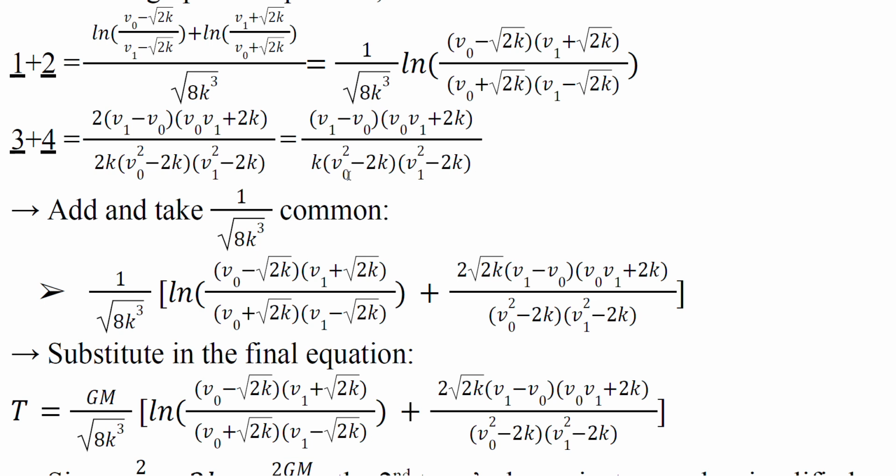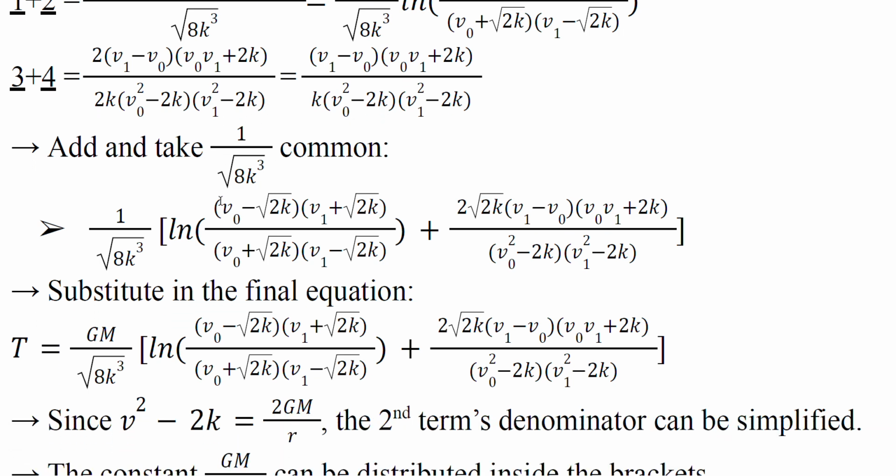Now we're going to add both of these two because that's the sum of everything we had so far. And then we're going to take 1 by root 8k cubed common. We're going to take it outside, and because of that, we have to multiply this into root of 8k cubed, but that cancels out the k we had here, so we basically have 2 into root 2k.